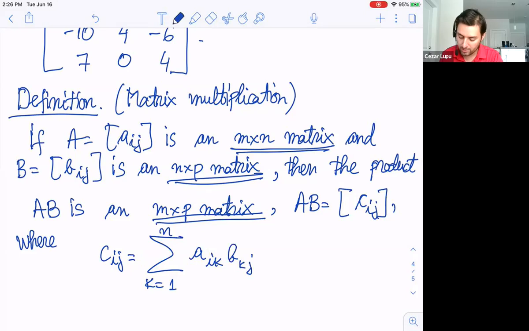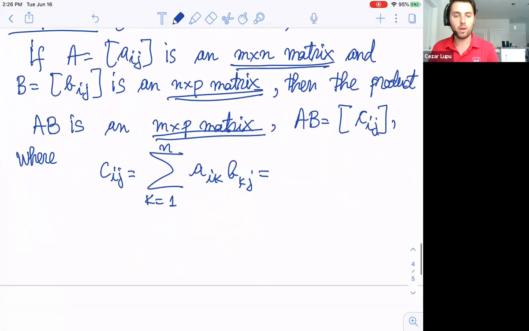This will be, as you can see, this is how we define the elements of the product, the entries of the product matrix.